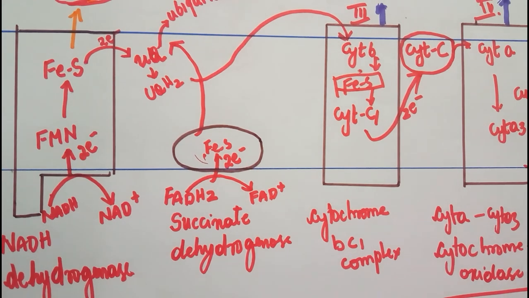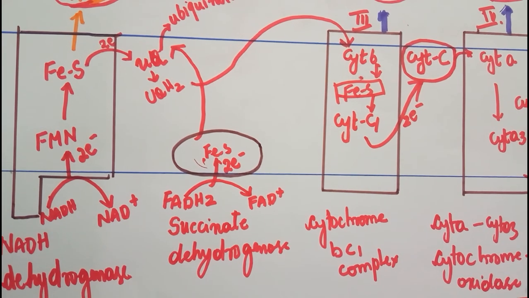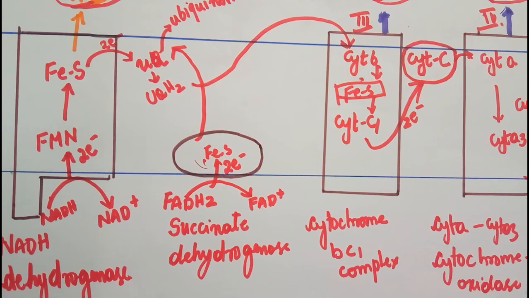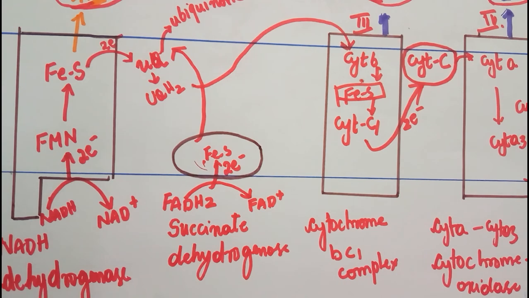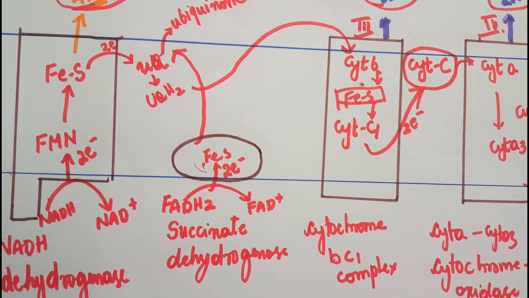Third, they can ask which one is more electronegative and which one is less electronegative. Electrons are taken by a more electronegative atom and given away by a less electronegative atom, so that is also important. Based on the movement of electrons, whichever is gaining electrons, for example oxygen, is the final electron acceptor.